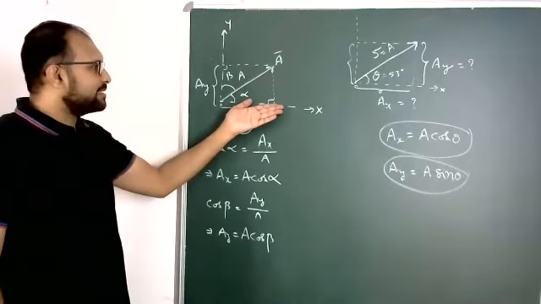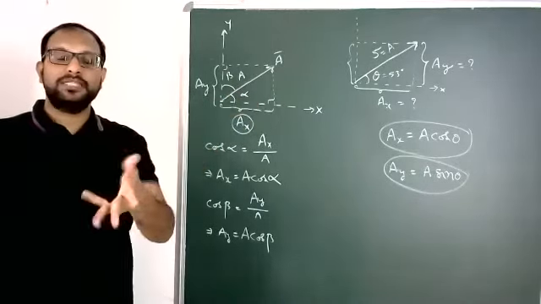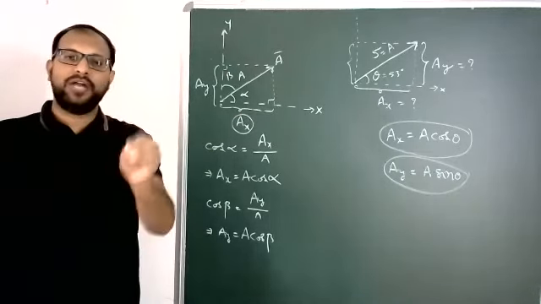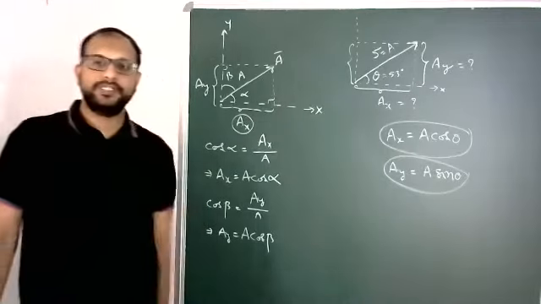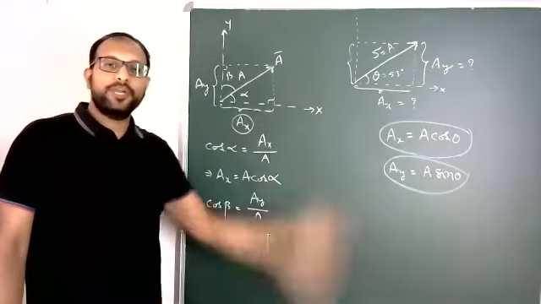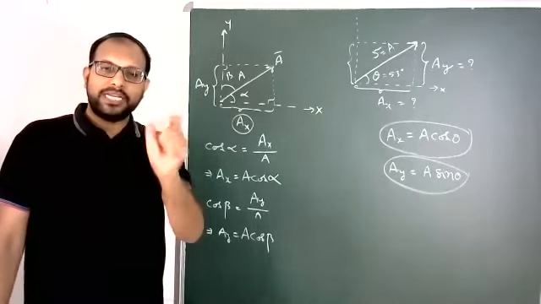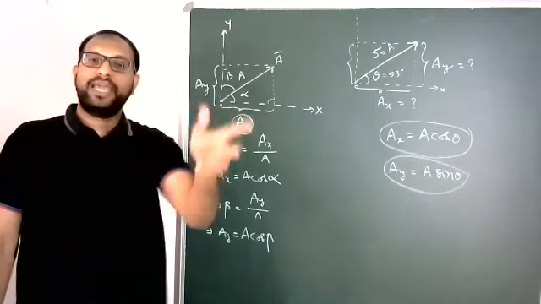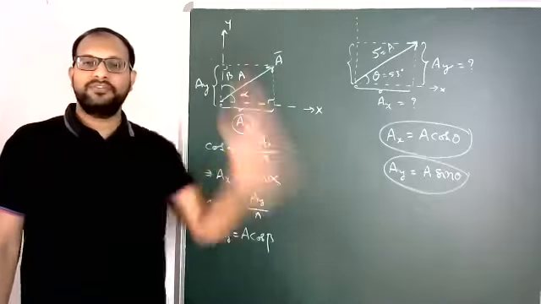Suppose you need the x component, first the angle with the x-axis, suppose 30 degrees. Then cos 30 into the magnitude of the vector is the x component. Suppose you need the y component, the magnitude of the vector into cos of that particular angle with the y-axis, for example 50 degrees, cos 50.